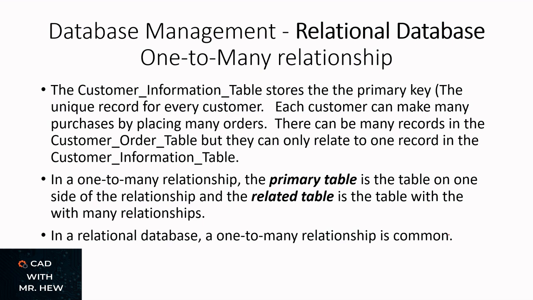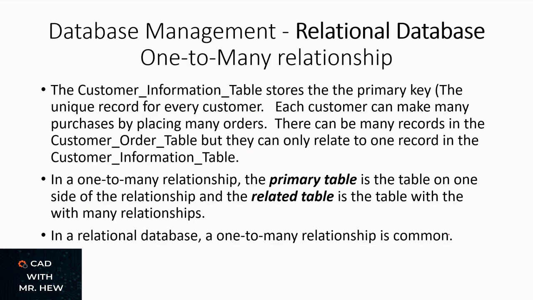So the customer information table stores a primary key, which is a unique record for every customer. Each customer can make many purchases by placing many orders. There can be many records in the customer order table, but they can only be related to one record in the customer information table.